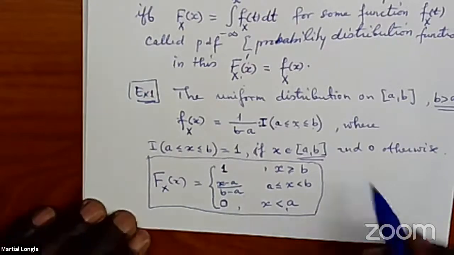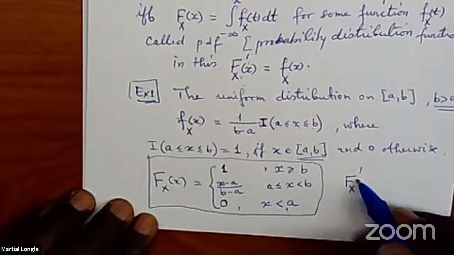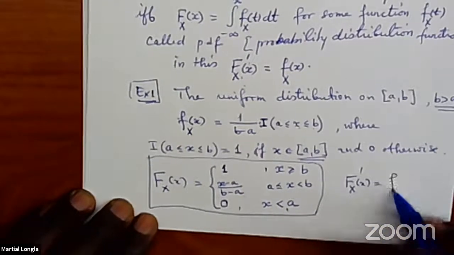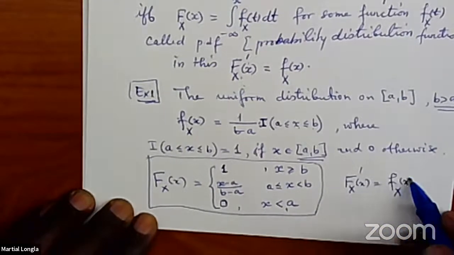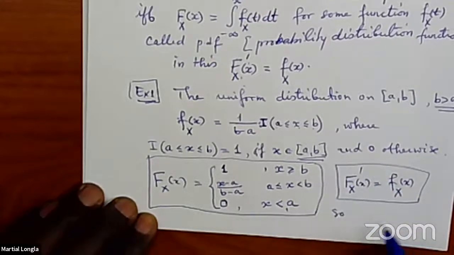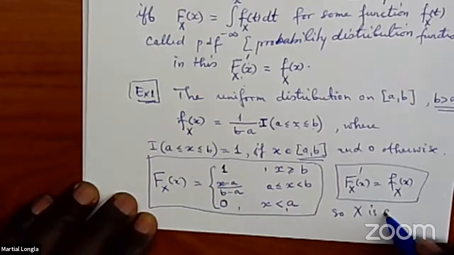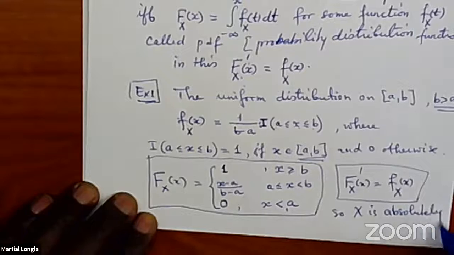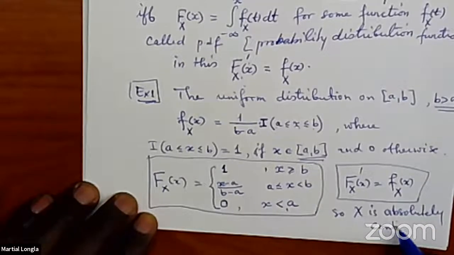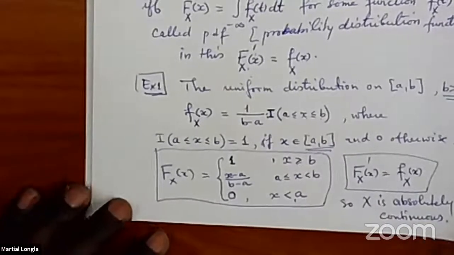And you can check that F_X prime of x equals little f_X of x. So X is absolutely continuous. So this is an example of an absolutely continuous random variable.